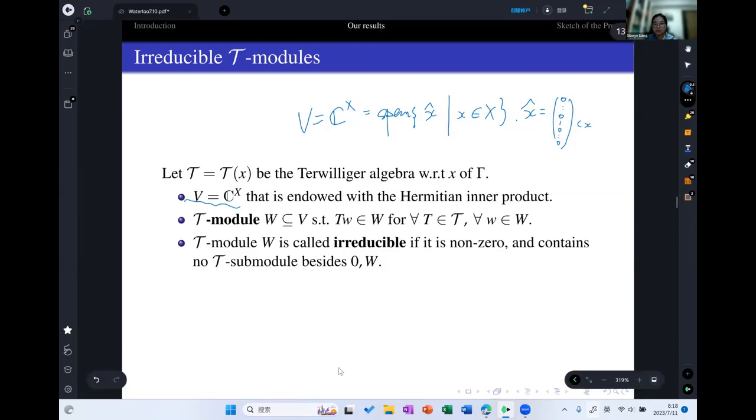So we see the Terwilliger algebra acts on V. And we call a subspace W of V a T-module if for all elements t in the Terwilliger algebra and all elements w in W, tw is still in W. We call W a T-module. And W is called irreducible if it is non-zero and contains no T-submodule besides 0 and itself.